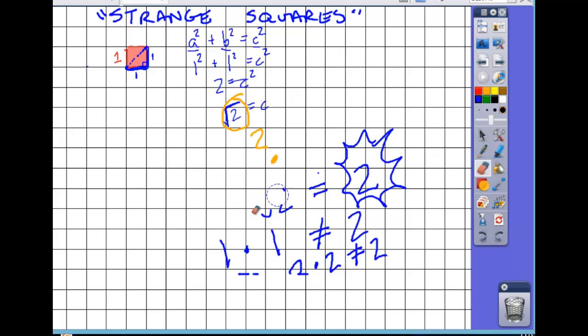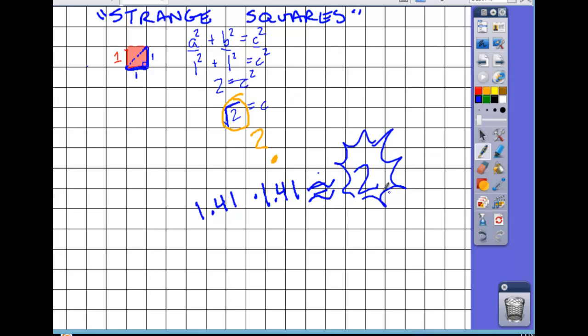Well, it turns out it's not such a nice number to look at. It's approximately 1.41. So if I do 1.41 times 1.41, it'll be close to 2. It'll be maybe a little bit less, 1.9 something or other. If I want to get a product that is exactly 2 on the nose, I've got to make it a lot more precise.